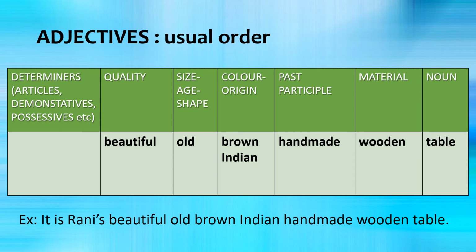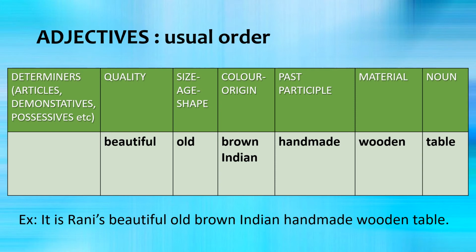And then comes the quality of the noun, and then the size, age, shape of the noun, and the color and origin. Then comes the past participle, if any verb. And then comes the material, which type, what kind, and so on. And lastly, the noun.